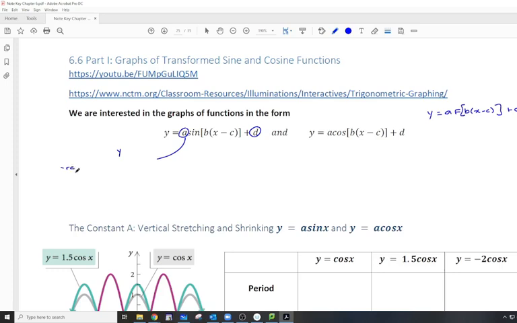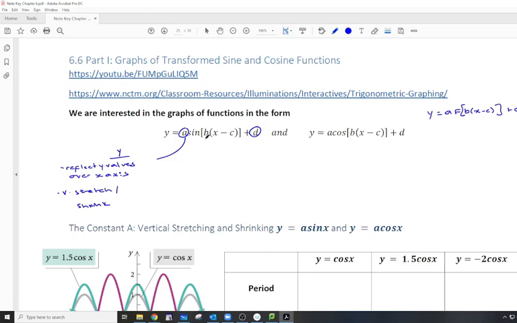It can reflect the y values over the x-axis, and it can also vertically stretch or shrink your graph. And what we're going to be looking at is what that does to a sinusoidal function.